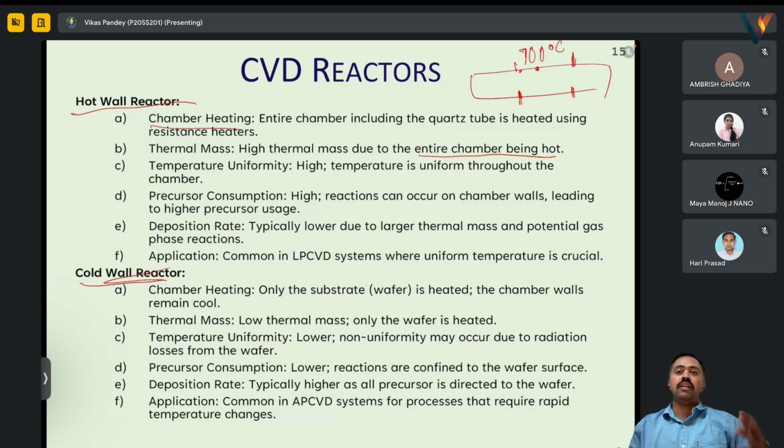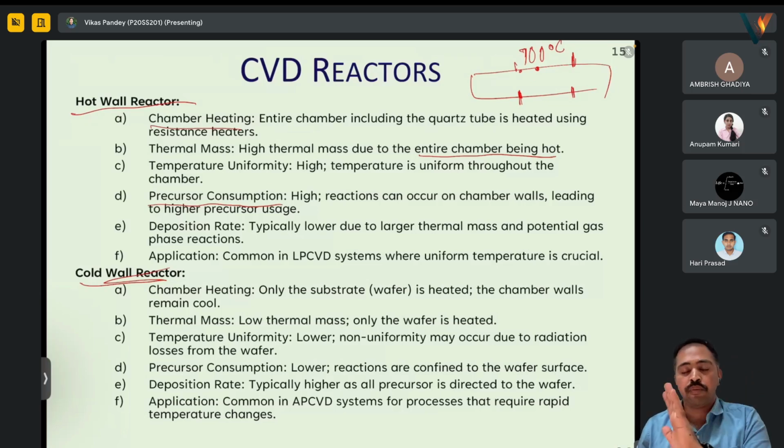Since it is at such a high temperature, there will be conduction and radiation, and everything will almost become uniform. But it has high precursor consumption. Since the whole chamber is heated, a lot of reaction will take place, and it will not get deposited. It might flow away with the gas we are putting in.